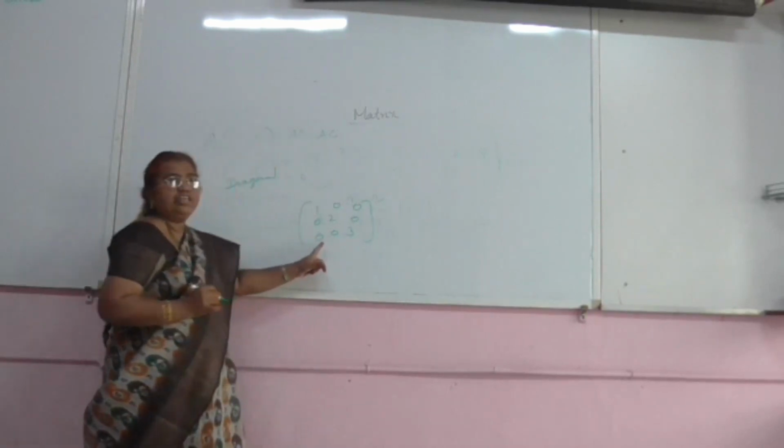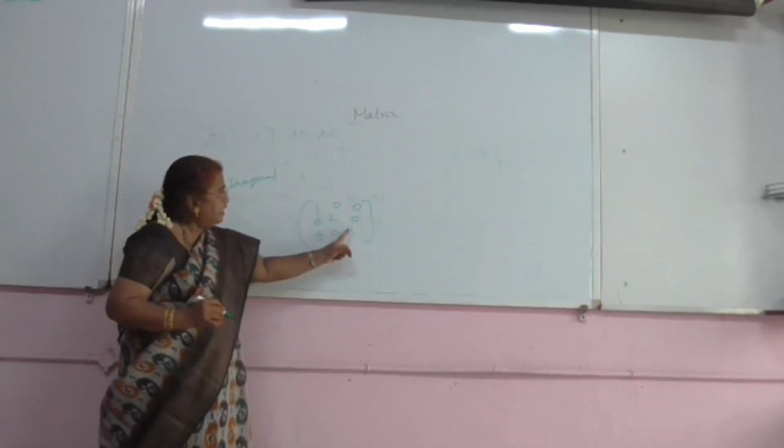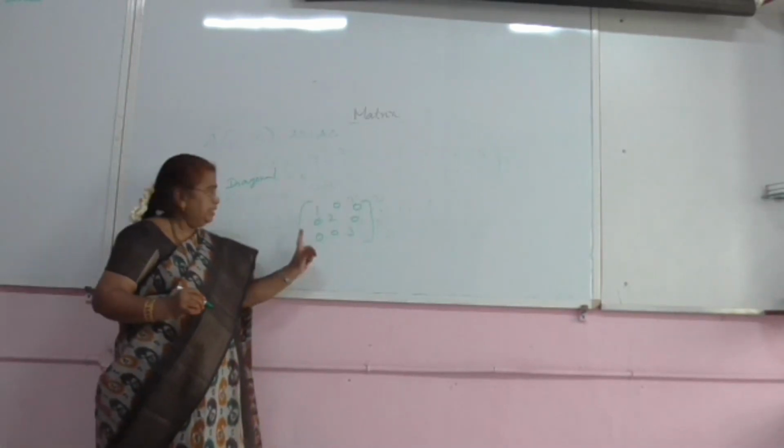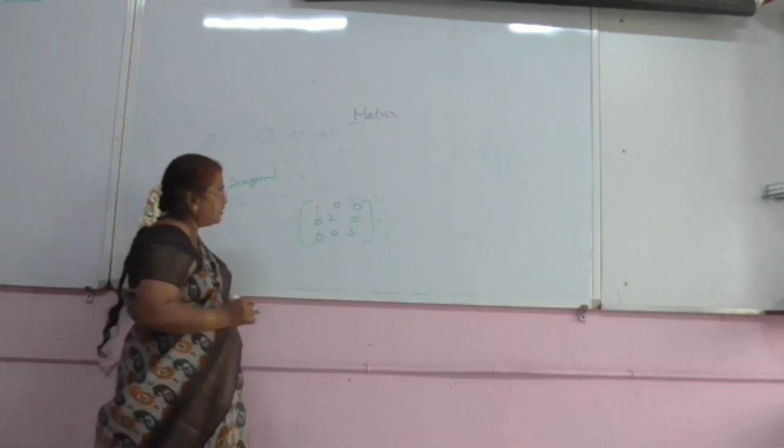This is called a diagonal matrix. Only the diagonal elements are non-zero elements, other elements are zeros. This matrix is called a diagonal matrix.